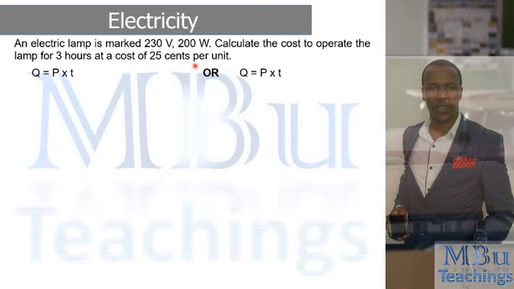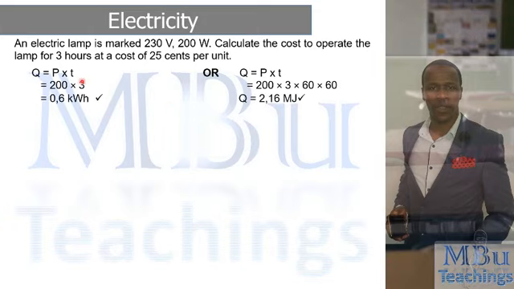You have two ways of calculating this. You can use either the one on the left hand side or the one on the right hand side. It will depend on you, even though I prefer this one, but you can use any one you think is more understandable for you. So you substitute for power because it's watts, that is power, and then you have 3 hours in time.